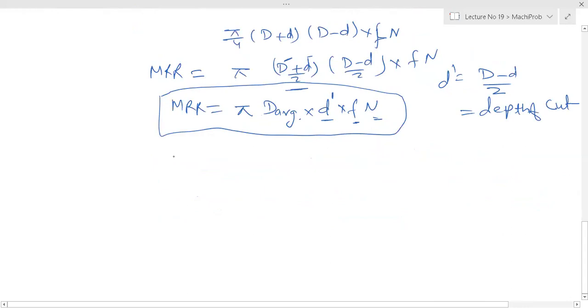We have already discussed specific cutting power, that is Fc into V divided by metal removal rate. This we have already discussed.